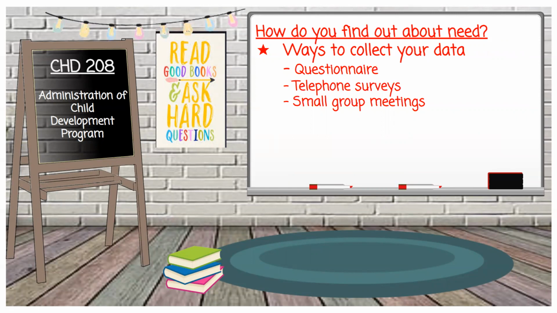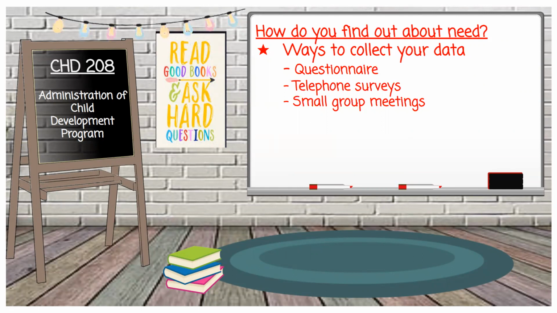So how are we going to collect the data? We know we've got to collect data in order for you to know, from your planning perspective. So we might use a questionnaire. Some people choose to use an online questionnaire. Some people may choose to use an emailed version of a questionnaire, like SurveyMonkey, some kind of online tool.